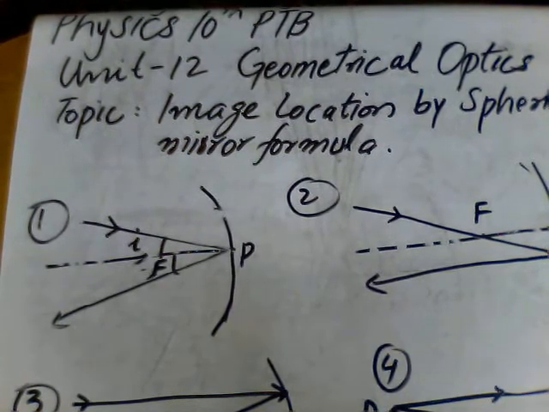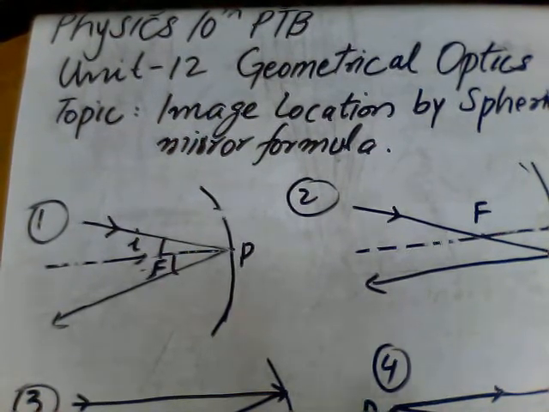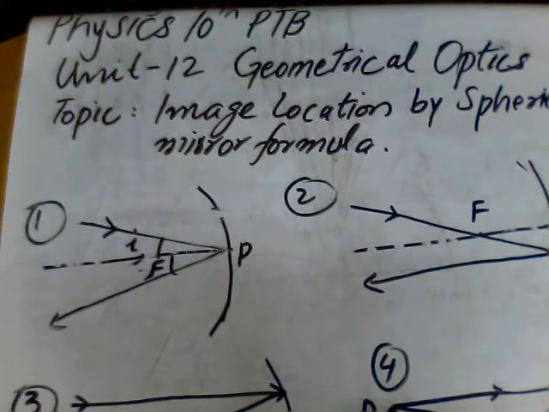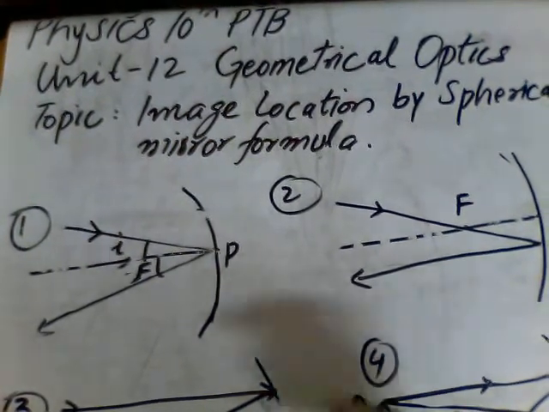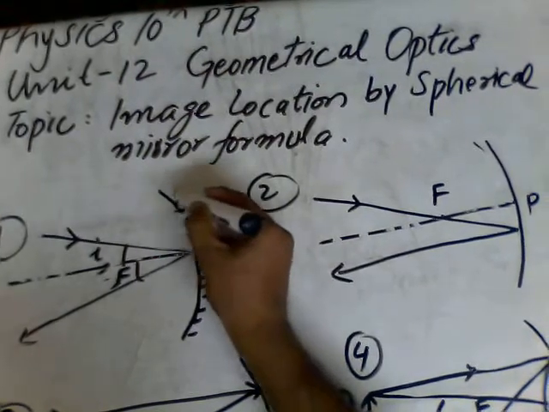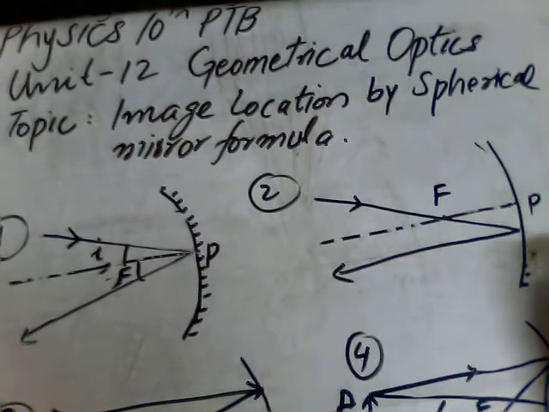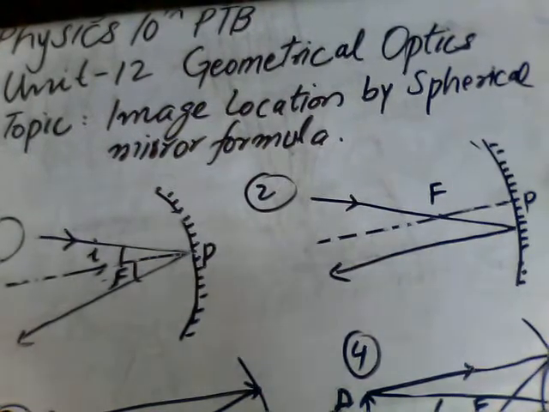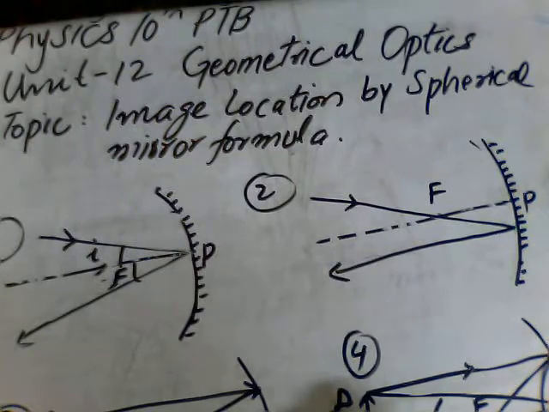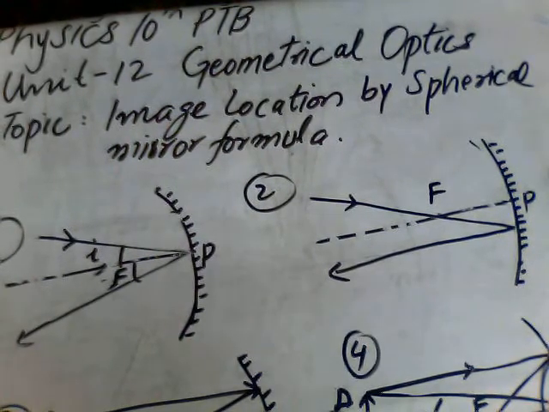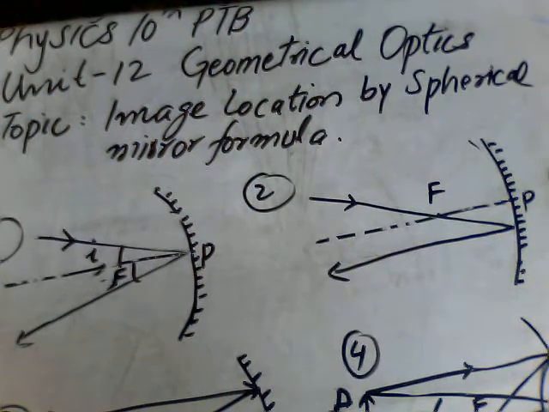P is the pole, the center of it, like a small plate with a shiny surface. This side is dull, opaque in all examples, and the internal curve is shiny, whereas the outer curve is polished and made opaque.